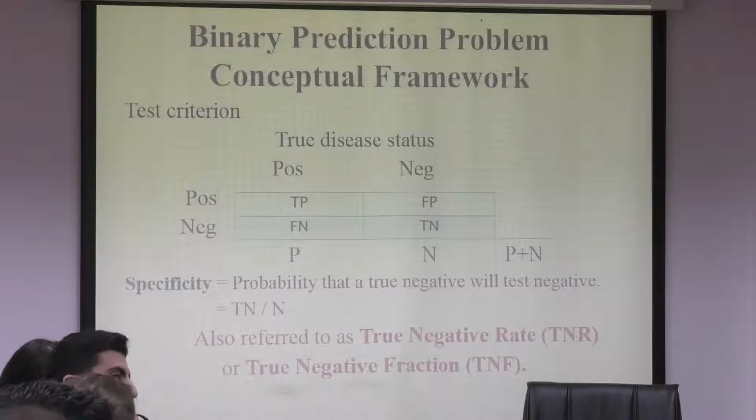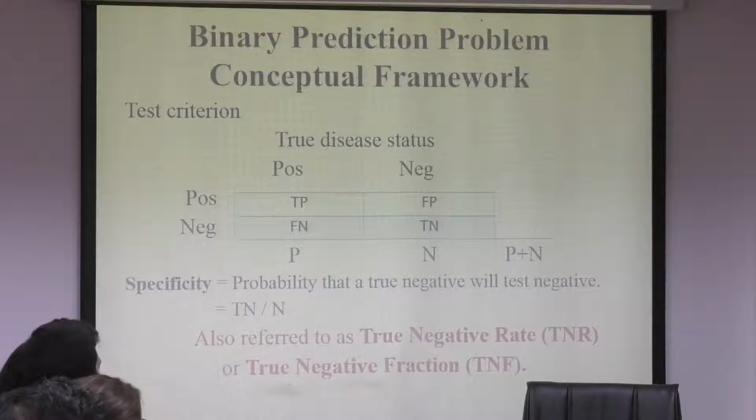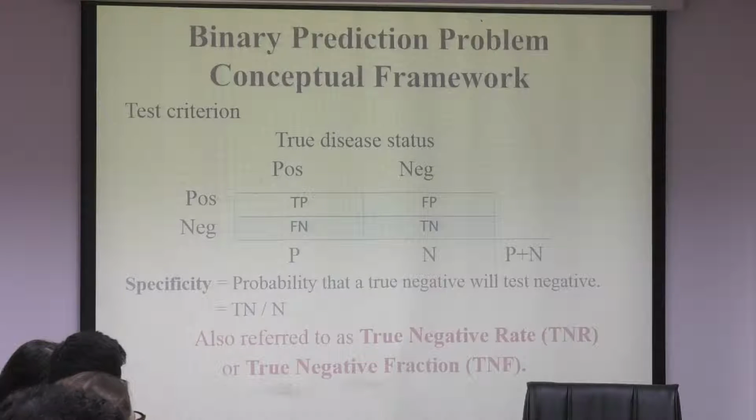So it is TN, true negatives, over the total non-diseased people, which is the TN and the false positive. So the false positives and true negatives are the denominator, and the numerator will be those who test negative. And this is specificity. We can call it true negative rate or true negative fraction.